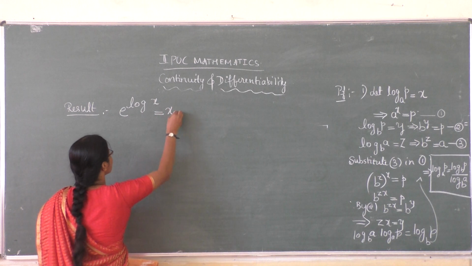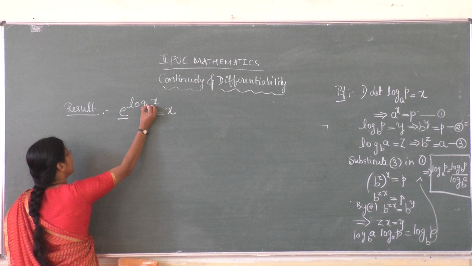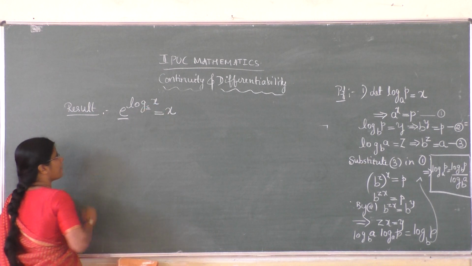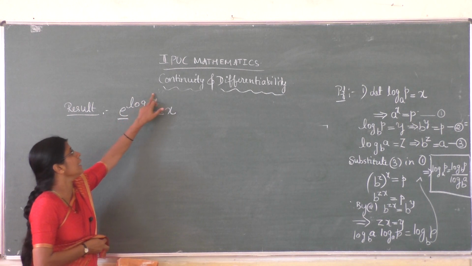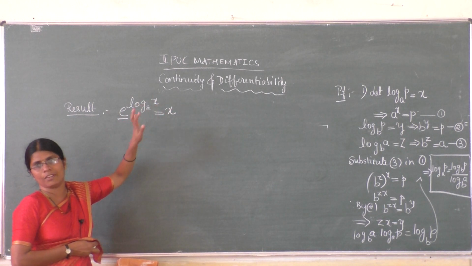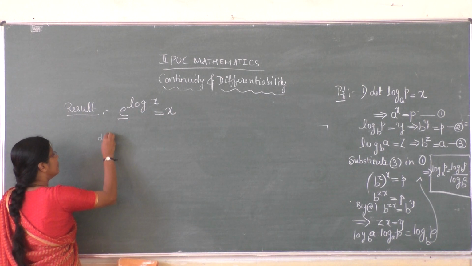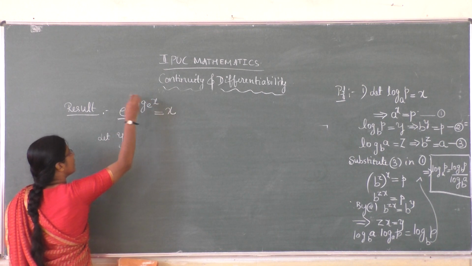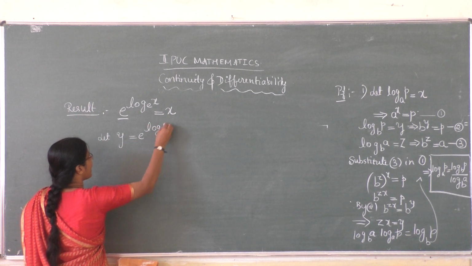That is always equal to x. That means if the base is the same, here we have base e, then you get the function itself. So we just give a simple proof for this. Let y equal to e to the power log x.